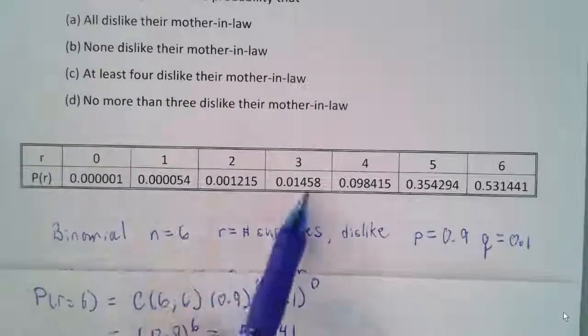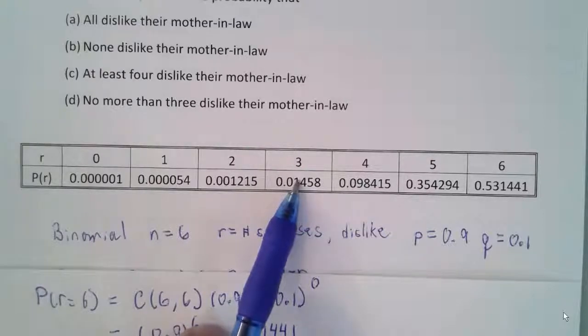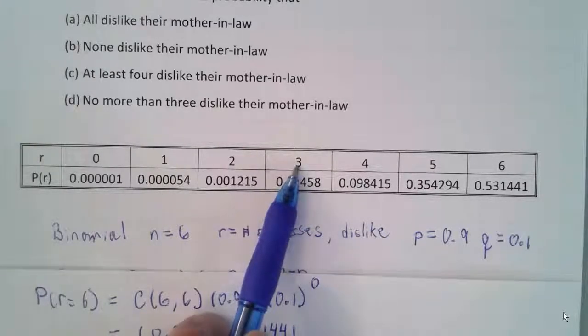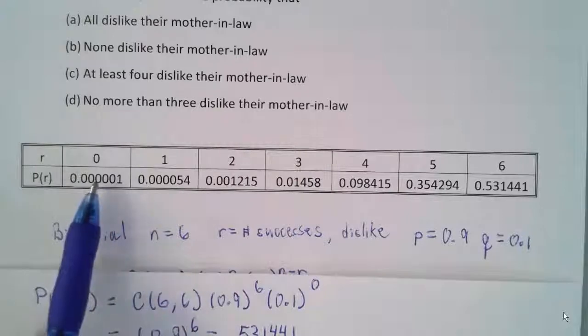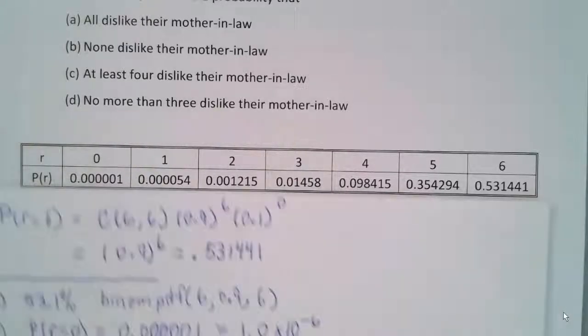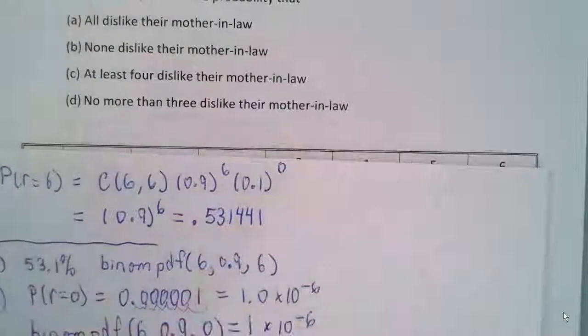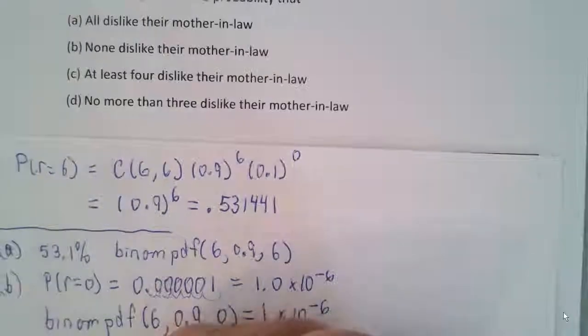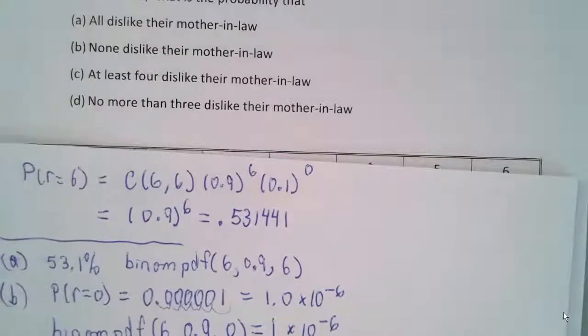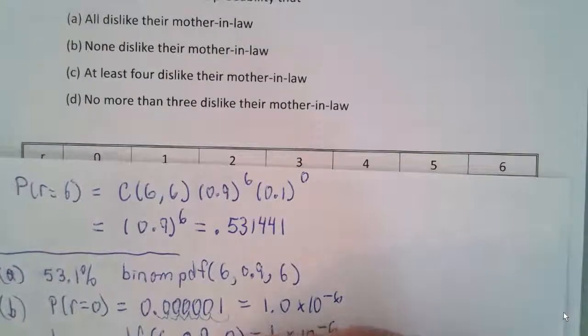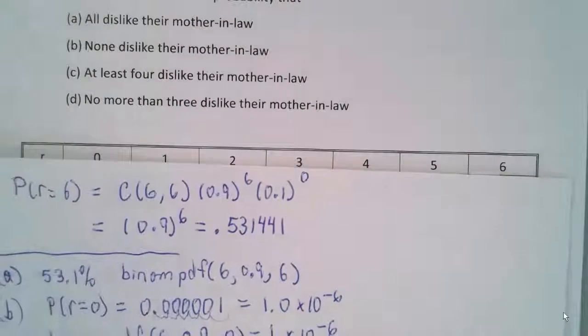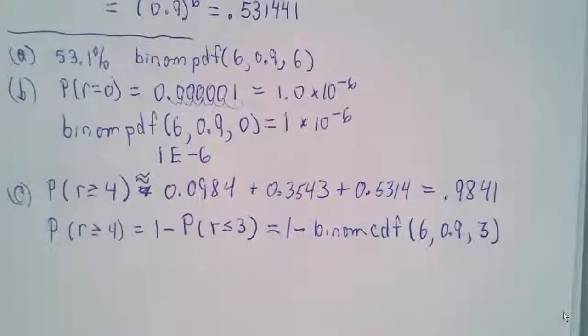So if I take the binom CDF of 3 for this distribution, it would be the sum of these 4 numbers here. So binom CDF, 6 trials, probability of success is 0.9, and I want to know the sum of 0 through 3 successes.